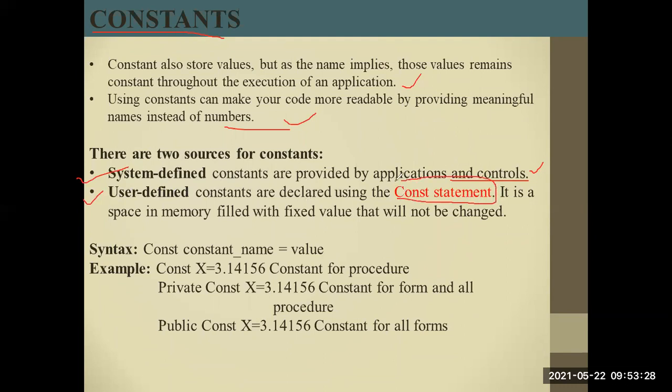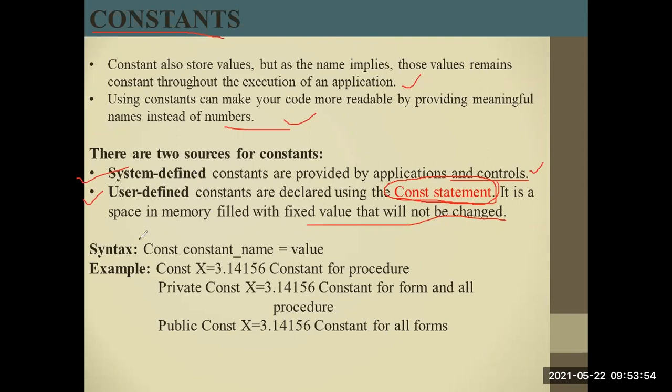If the user wants to define a new constant, we can use the Const statement, and it is a space in memory filled with a fixed value that cannot be changed. Once the user defines it with a Const statement, it will allocate a space in memory with a fixed value that cannot be changed throughout the program.